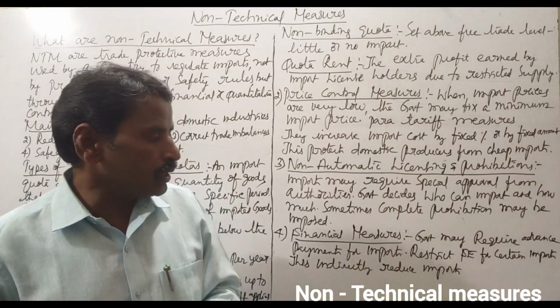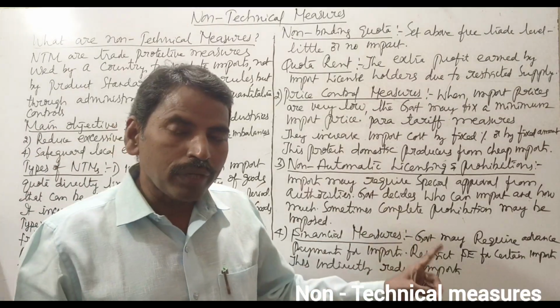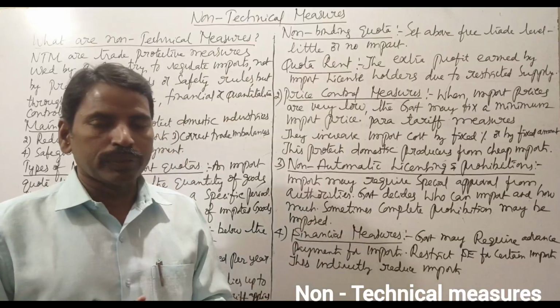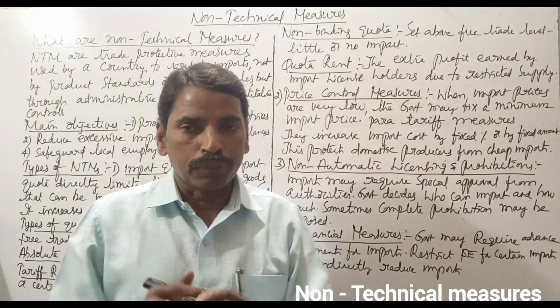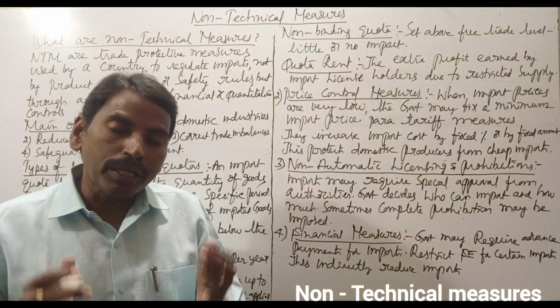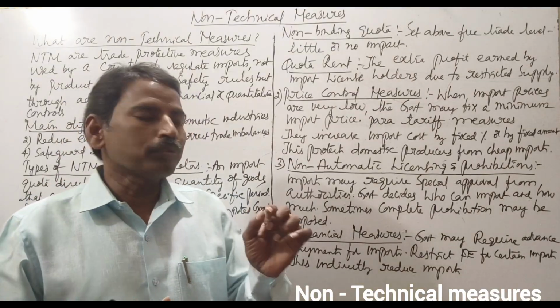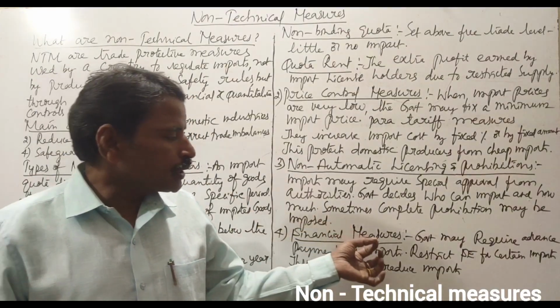Financial measures means government may require advance payments for imports and restrict foreign exchange for certain imports. This indirectly reduces imports. These measures are called financial measures.